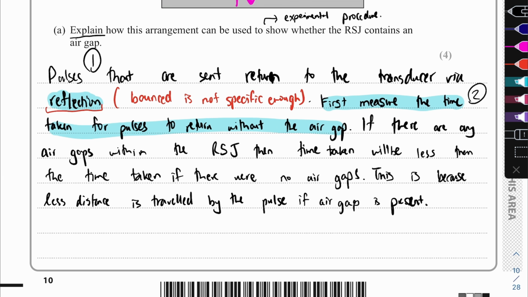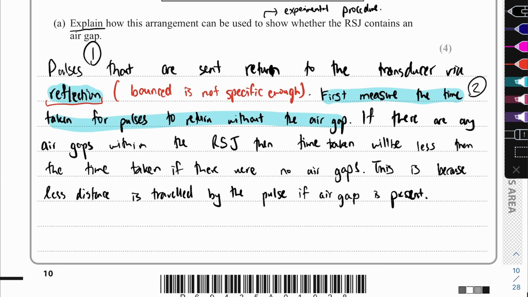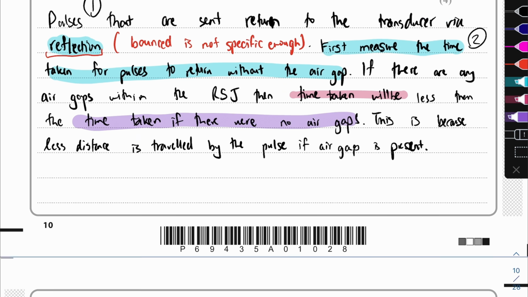All right. So 3rd mark, I'm going to do it in another color. 3rd mark for saying if there's a gap, the time taken will be less. Then we're comparing it to the time taken if there were no air gaps. 3rd and 4th mark. Let's go on to part B.